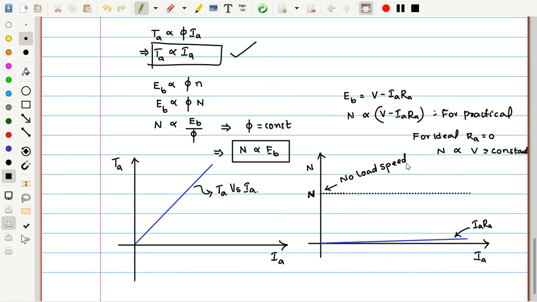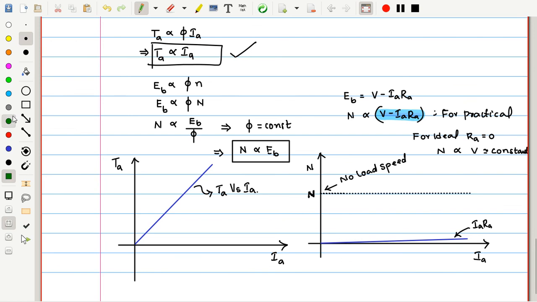But practically, how does it look? Practically, we need to subtract, meaning a speed reduction. If current increases, the Ia Ra drop increases, then V minus Ia Ra reduces as Ia increases. Why?